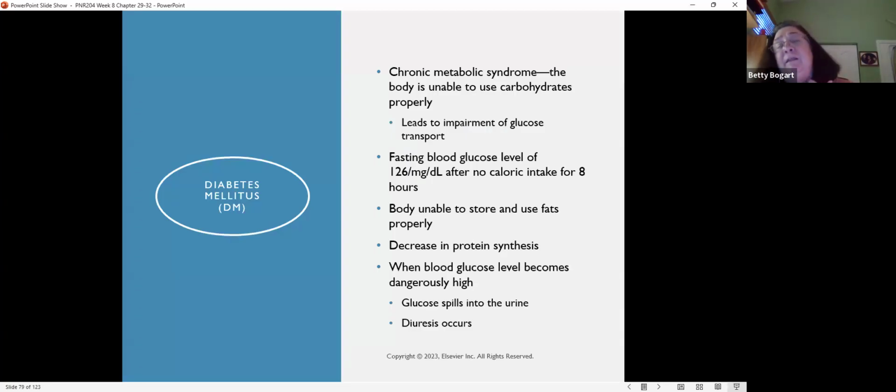Now, diabetes mellitus is all about when the body's pancreas doesn't have the insulin to be able to take the carbohydrates in the body and put them into a usable substance. So, what happens is the body can't use carbohydrates, but you know, the body is still hungry, right? So, what it does, it says, all right, so I can't get carbohydrates from you and I can't eat from that.